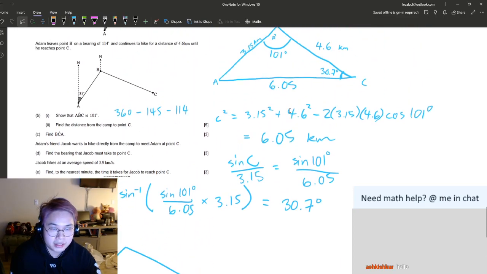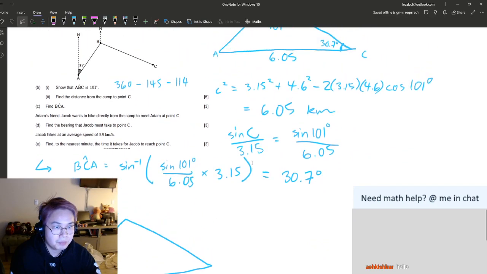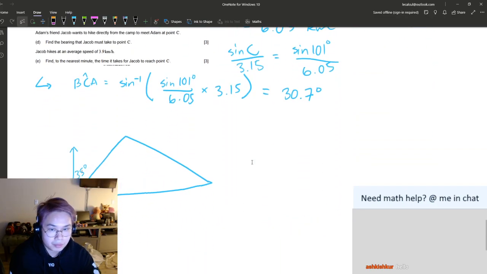So I'm going to add in all of these angles again that I think I might need. And this one was 30.7.